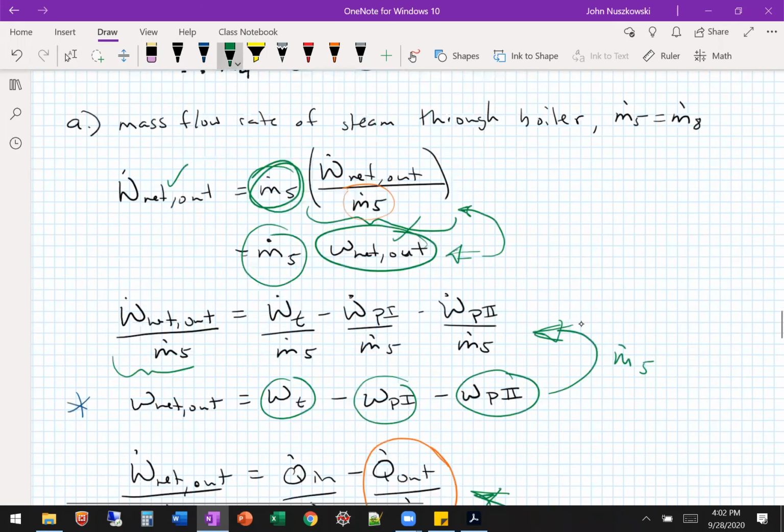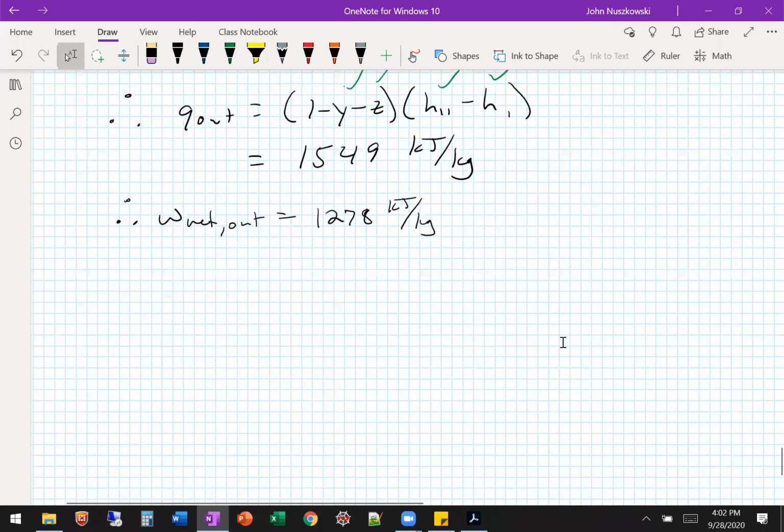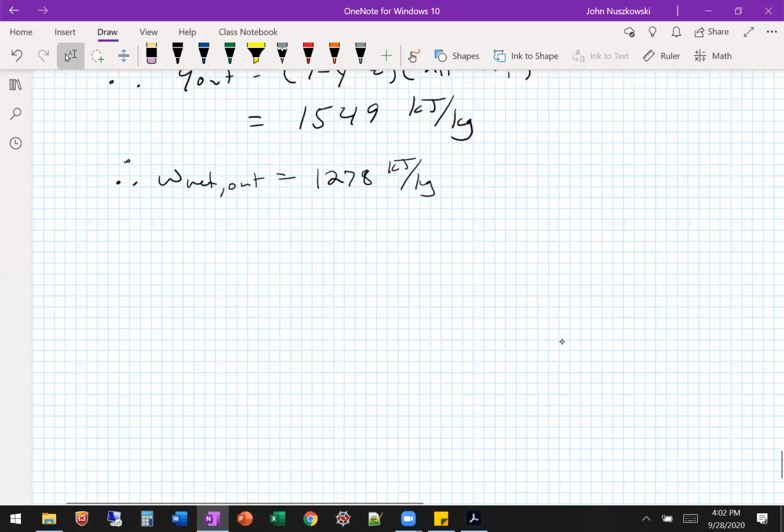Now we have this, so we can just use our equation here to solve for mass flow rate 5, because we have work net out and we have power net out. We have 313 kilograms per second.